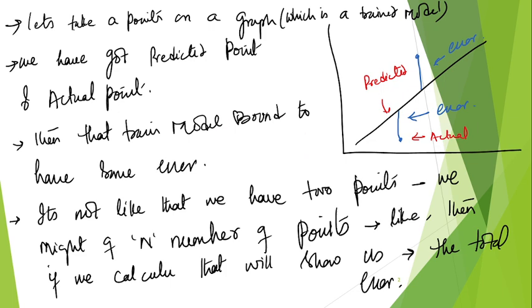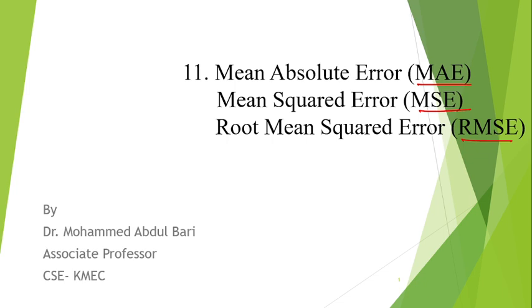We have already trained a data set. Every trained data is bound to have some error. And how do you calculate that error, how the different points occur? We are going to use these three terms, correct? Mean absolute error, mean square error, and root mean square error.